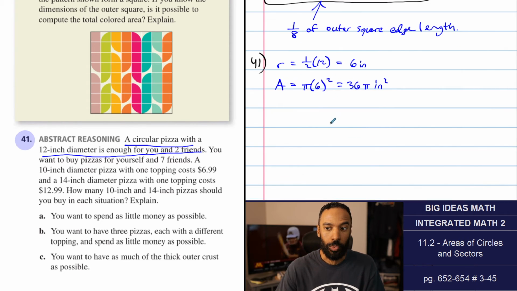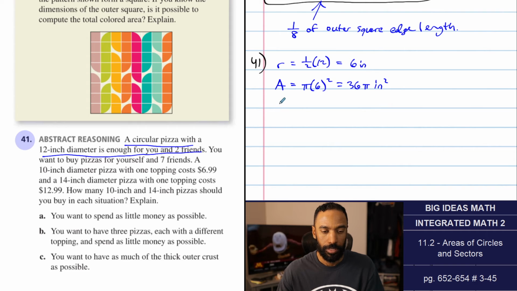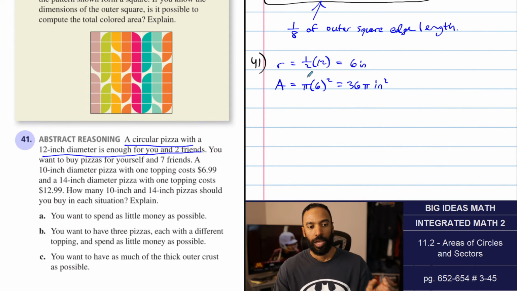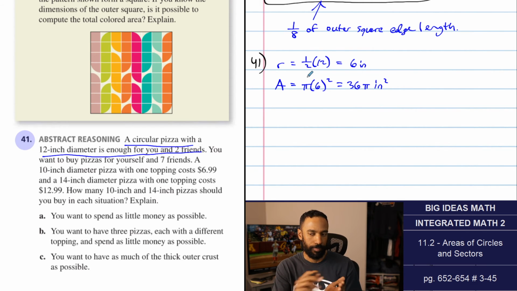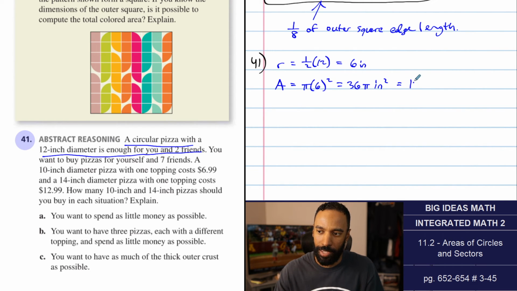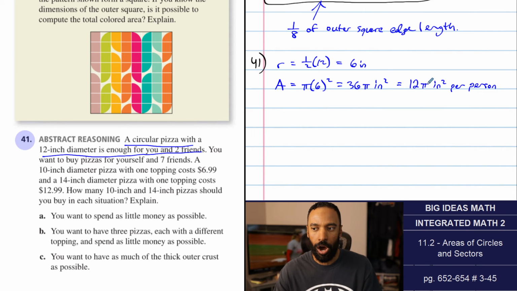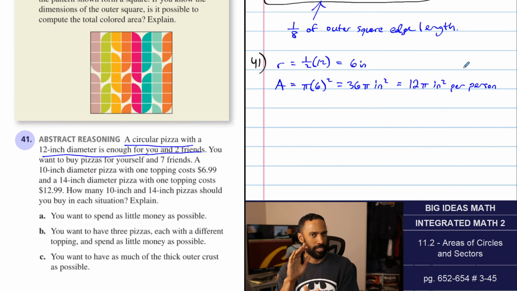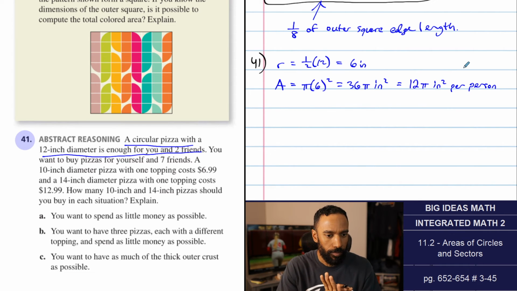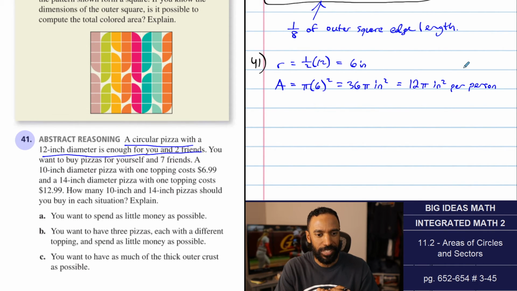So you and your friends, this is the part I'm trying to figure out, if we each eat the same amount, that's 12 pi, because we're dividing by 3, 12 pi square inches per person. I think the idea is that we all average eating this amount. I don't know if that's quite used yet, but we'll see. You want to buy pizzas for yourself and 7 friends, so that's 8 people.